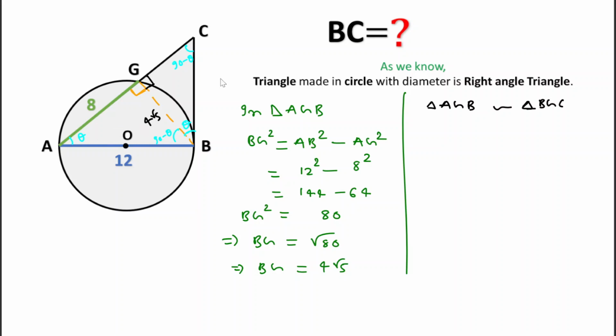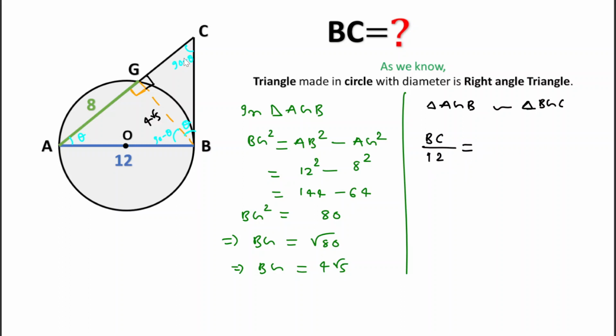Okay, so using similarity properties, we can write BC over AB. Actually, opposite to the 90 degree angle is BC in this triangle, and also in triangle AGB opposite to the 90 degree angle is AB, and AB is given as 12 units. So I am writing 12.